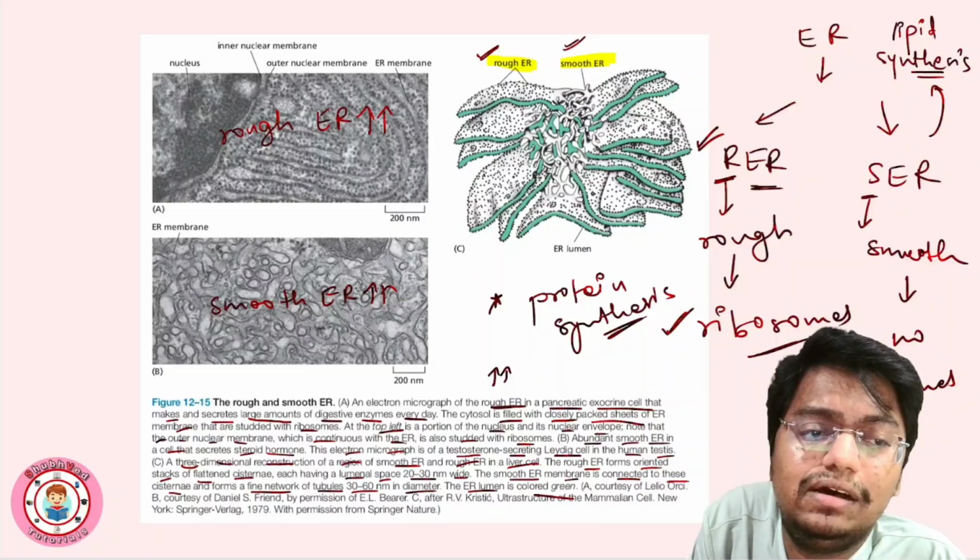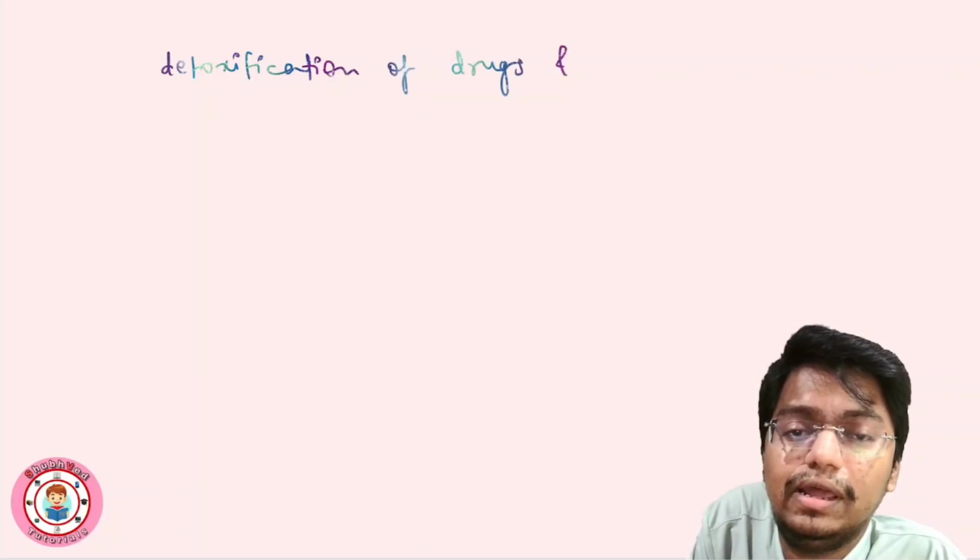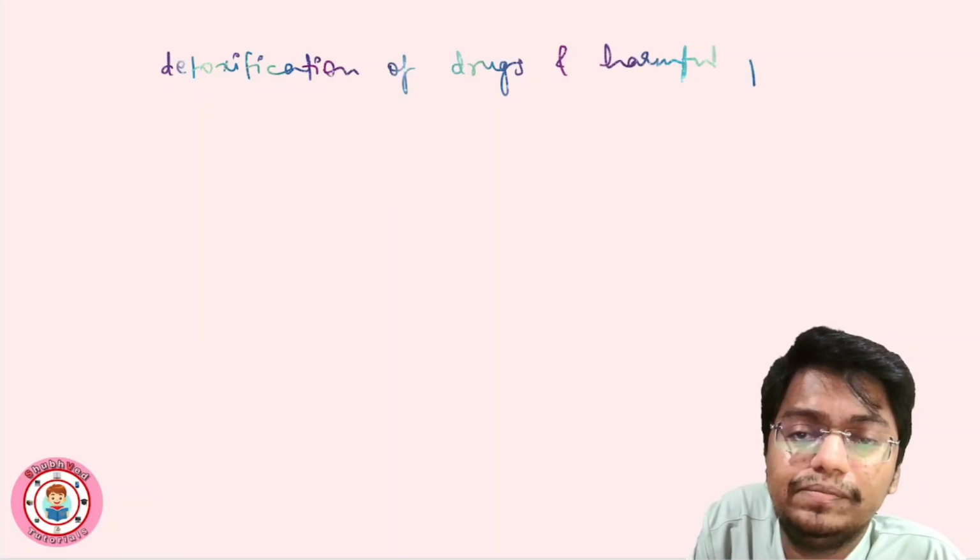So basically what happens, I will tell you. Let's take a plain slide. So detoxification, this is also a role of the ER, right? Detoxification of drugs and harmful products.